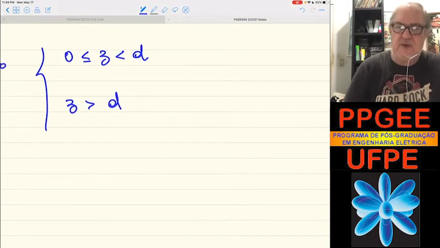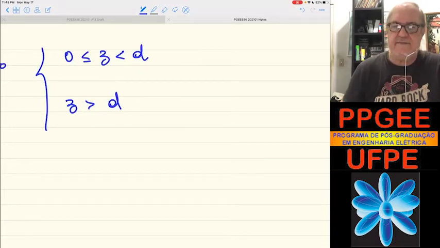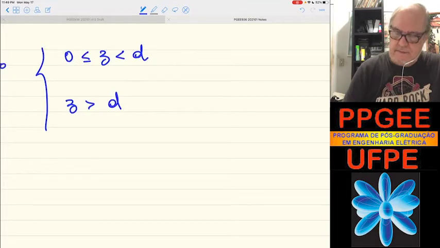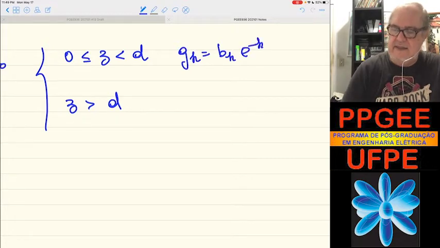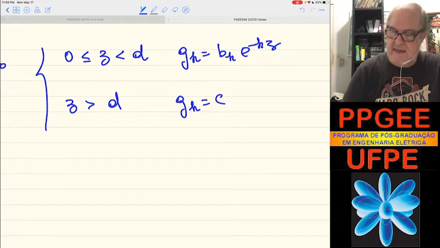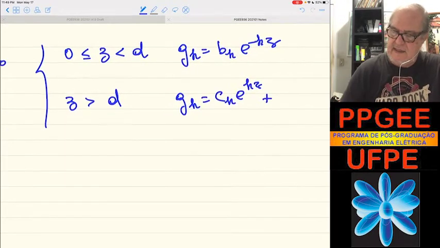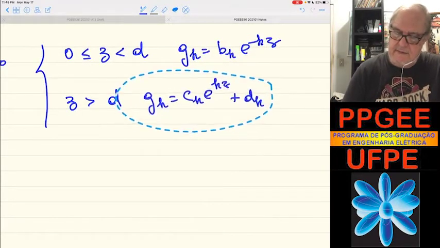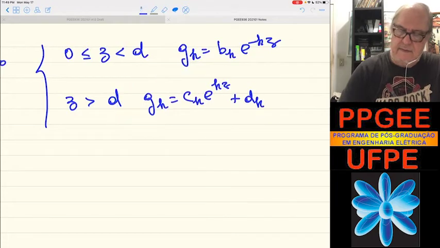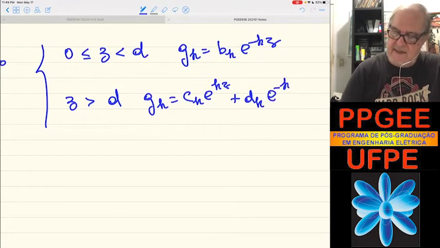Here we have a solution that we called gk equals bk exponential of minus kz, and here we have gk equals ck plus dk, put this back here, exponential of minus kz.